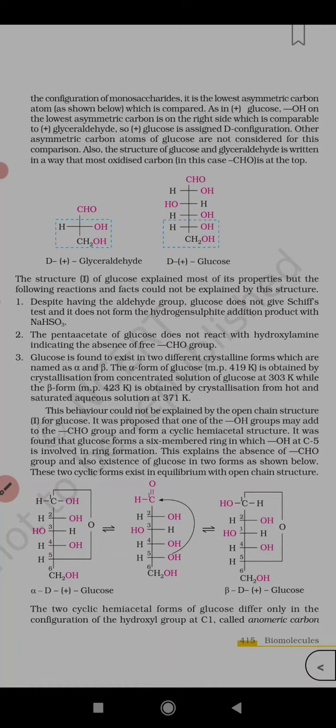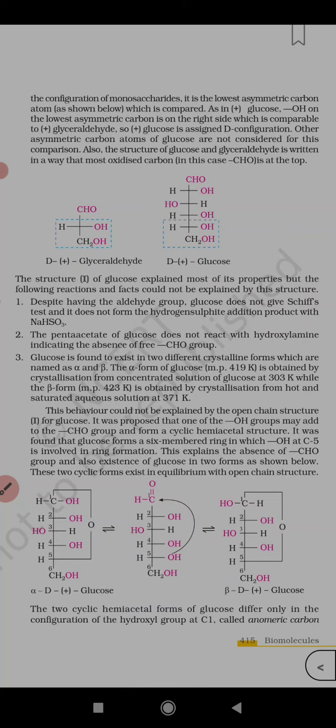The pentaacetate of glucose does not react with hydroxylamine, indicating the absence of a free CHO group. That is why it might not be giving Schiff's test or forming the addition product with NaHSO3. So all this indicates that the free CHO group is absent.